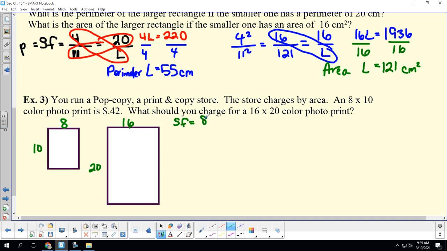Scale factor is 8 to 16. Okay, we know what that one is. That's 1/2. And the areas are 80 and 320.